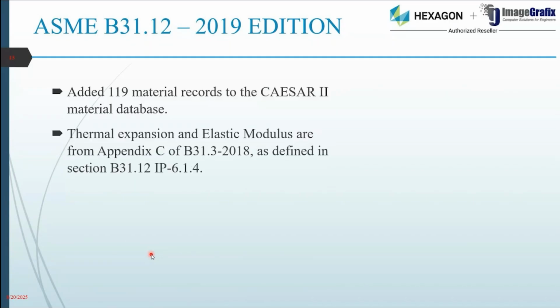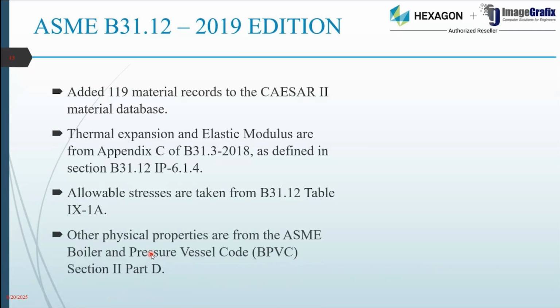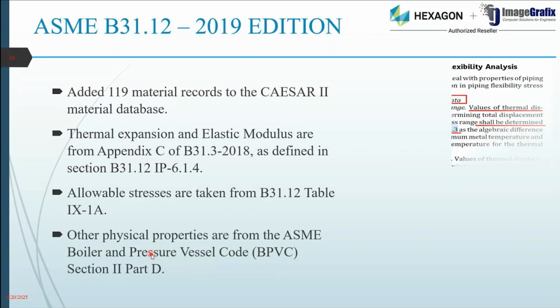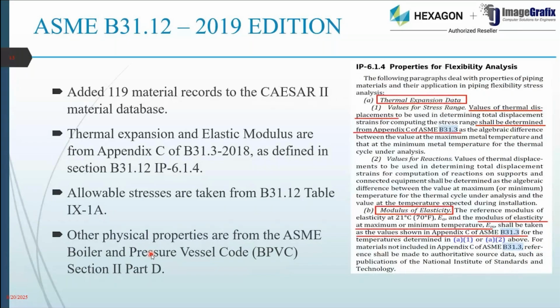The thermal expansion and elastic modulus are from Appendix C of B31.3 2018 as defined under section B31.12 IP 6.1.4, and allowable stresses are taken from B31.12 table 9.1a. Other physical properties are from the ASME Boiler and Pressure Vessel Code, BPVC Section 2 Part D. The same has been referred to in the properties for flexibility factors, IP 6.1.4.